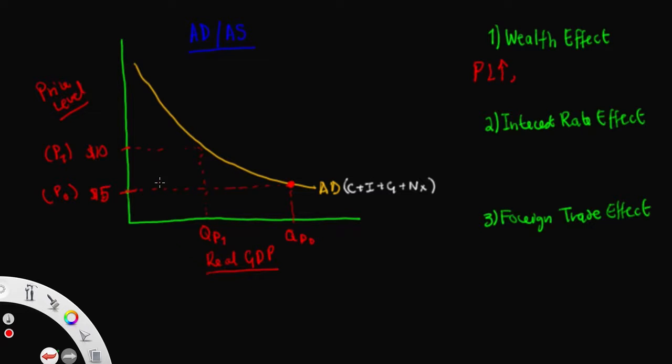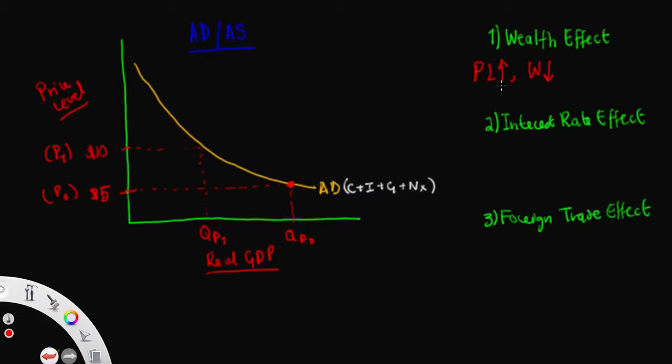So if we blow that up into a macro example, that's going to be the general way of how people will start to react when price levels increase in the economy. When price levels increase, people as a whole have less purchasing power, meaning that their wealth, denoted by the W, will decrease because their dollar will have less value because all the price levels have increased, and in a macro example, the price levels usually increase because of inflation.